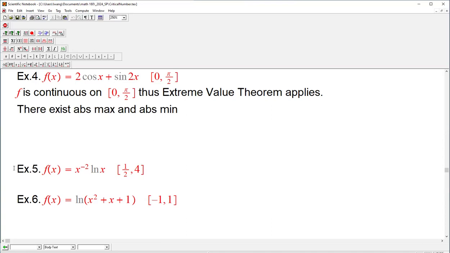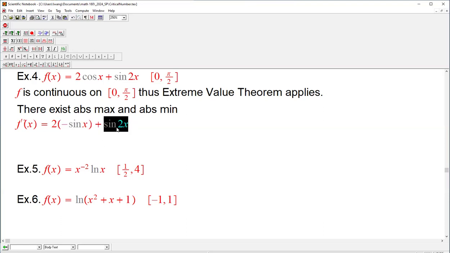We set out to find them first. We already have the endpoints, so we just have to find the derivative to find the critical numbers. The derivative of cosine x is negative sine x, and we put parentheses around it.